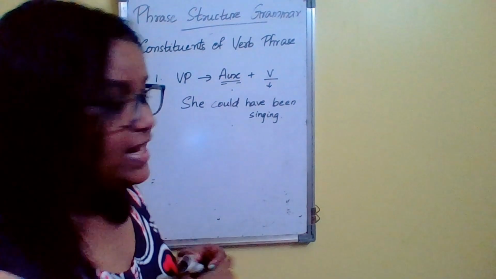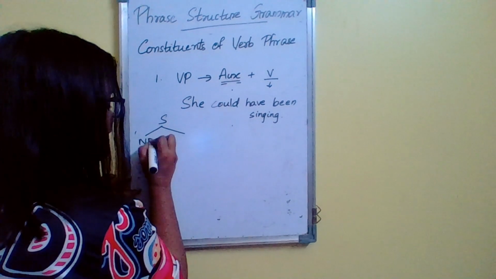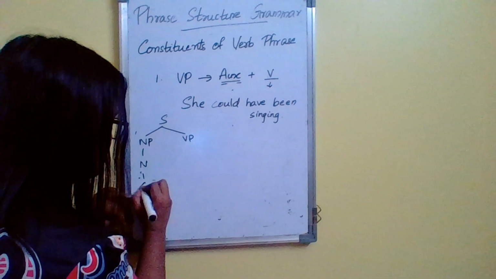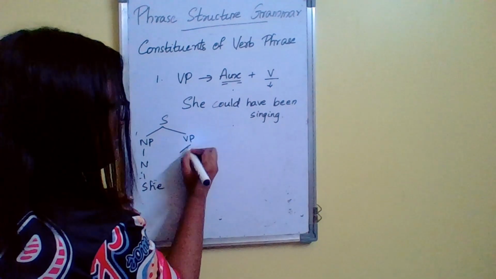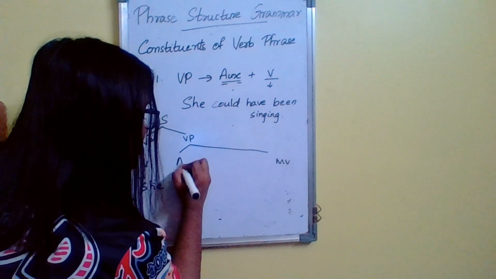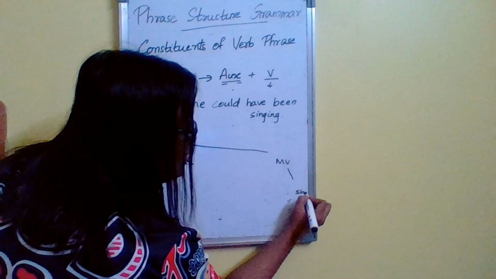Let's do the tree diagram analysis. S is equal to NP plus VP. NP is a noun, she. VP is auxiliary plus main verb. Let's remove the main verb sing first of all.